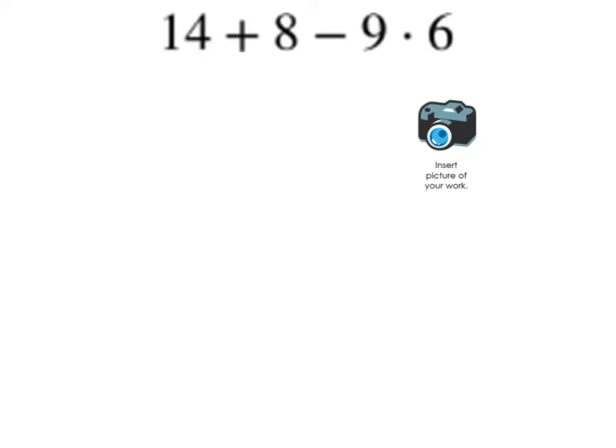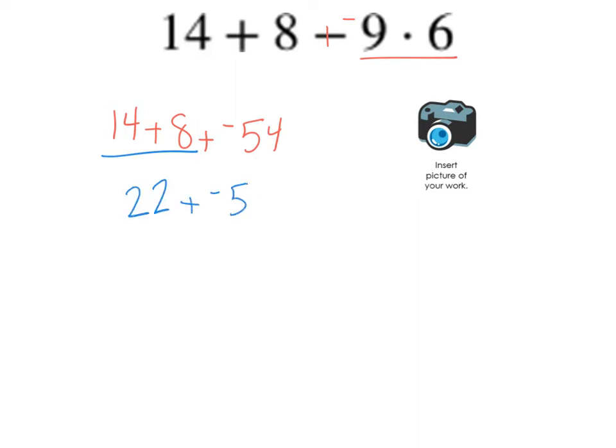All right, hit pause and figure out how to do this problem. Okay, whoops.